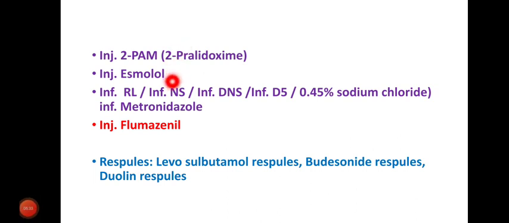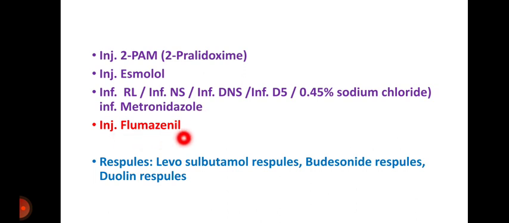Injection esmolol is used before and after surgery in some cases, and several types of solutions like infusion, Ringer lactate, sodium chloride, dextrose with sodium chloride, 5% dextrose, 0.5% sodium chloride, metronidazole. These have several uses, and these are considered to be vital drugs.